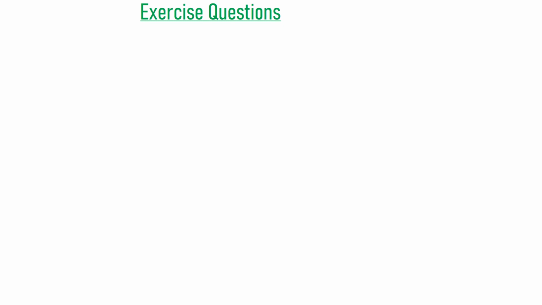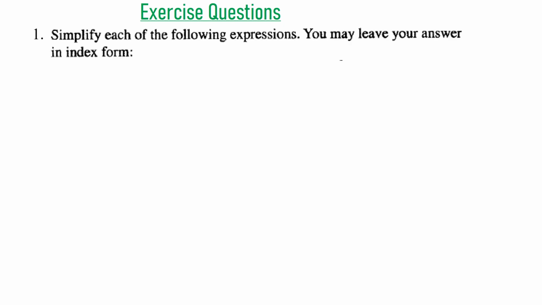Exercise questions. 1. Simplify each of the following expressions. You may leave your answer in index form. A. 3 cubed times 3 power 4. B. 512 power 2 over 3 times 8 power 1 over 3 divided by 2 power 6.